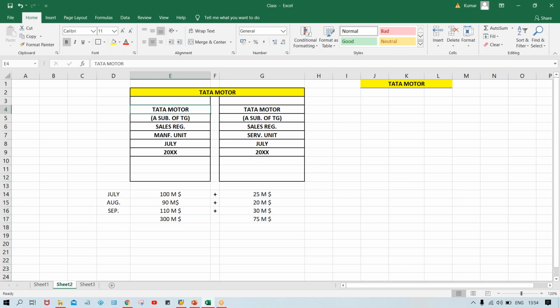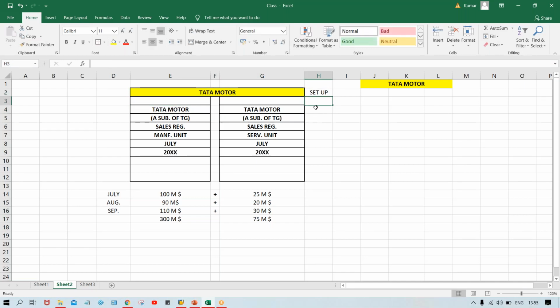So if the same transaction is posted in SAP, again the same question will be there: this transaction belongs to which subsidiary? The answer is Tata Motor, right? So this Tata Motor must be set up into SAP.